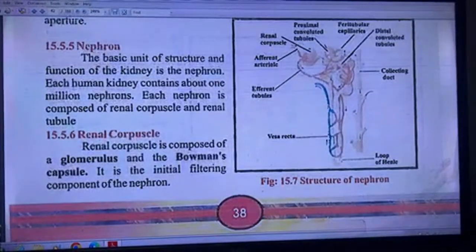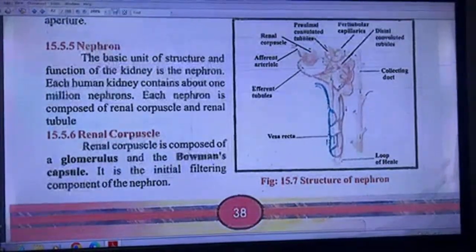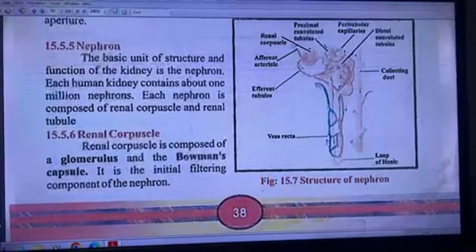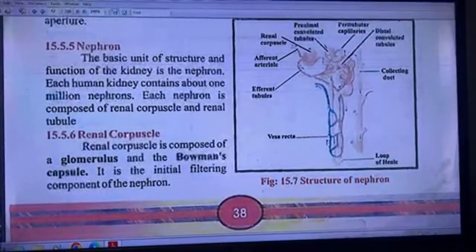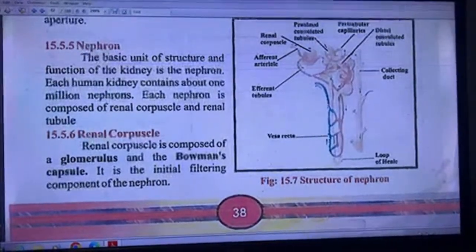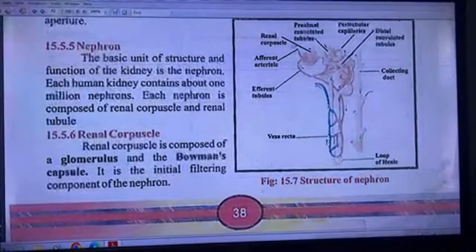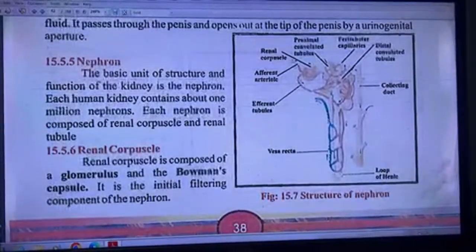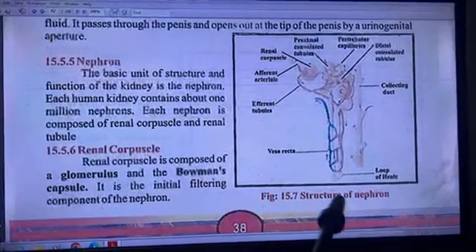Nephron. The basic unit of structure and function of kidney is the nephron. Each human kidney contains about 1 million nephrons. Each nephron is composed of renal corpuscle and renal tubule. Structure of nephron.